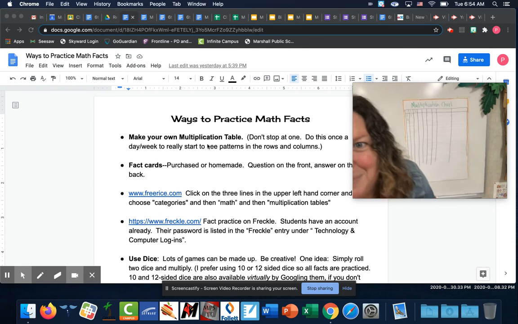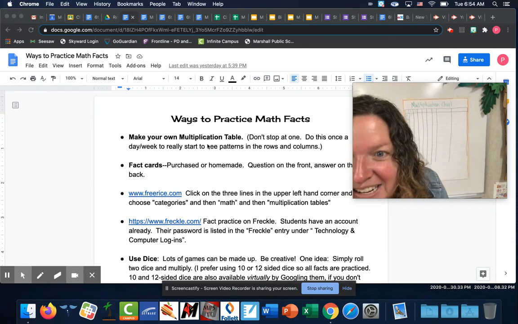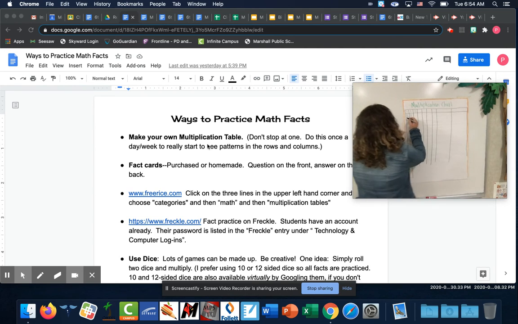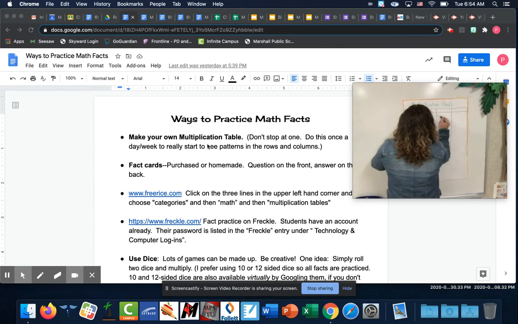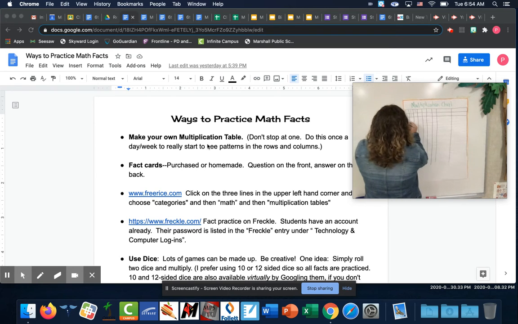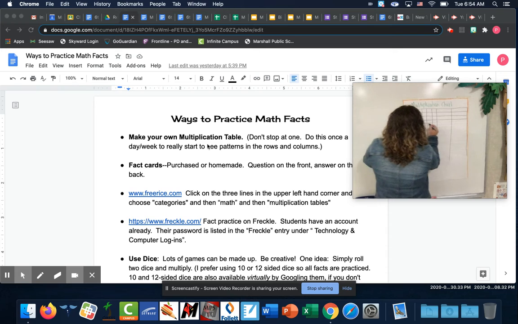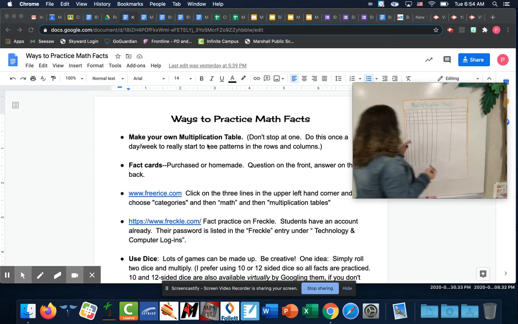Notice I'm missing something? I've got a lot of columns going, but I don't have enough rows going. So there's a row. There's a row. There's a row.